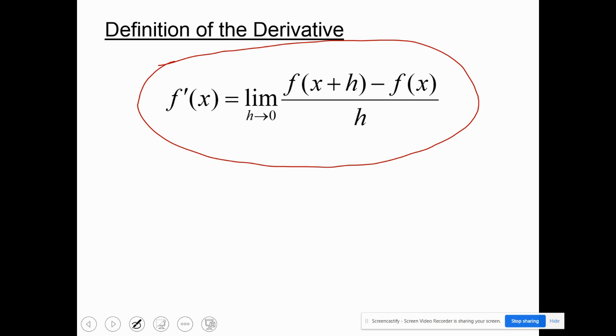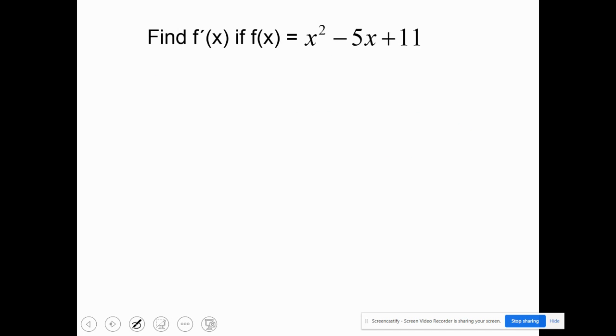Let's come back here. What do I need? I need to know the original function, and I need to know what the function would be equal to if I plugged in x plus h anywhere there was an x. So here's my original function. I now need to know, what do you get if you plug in x plus h?